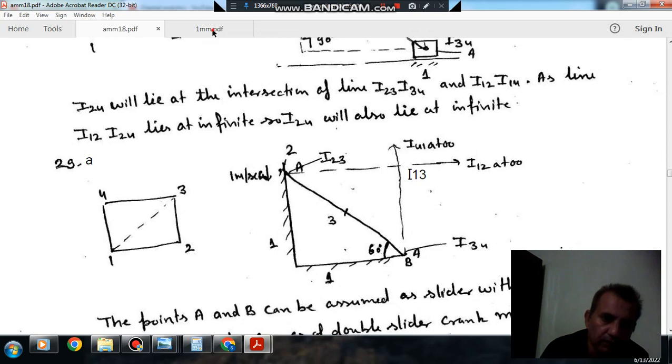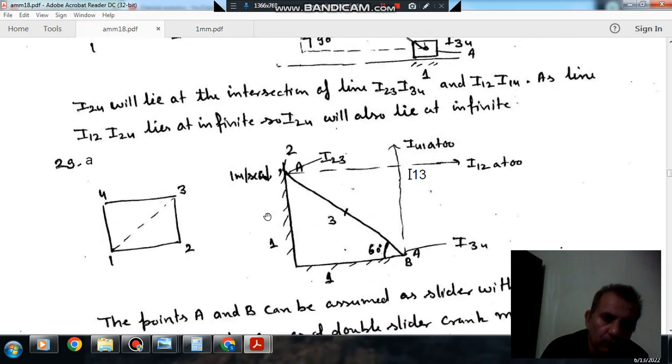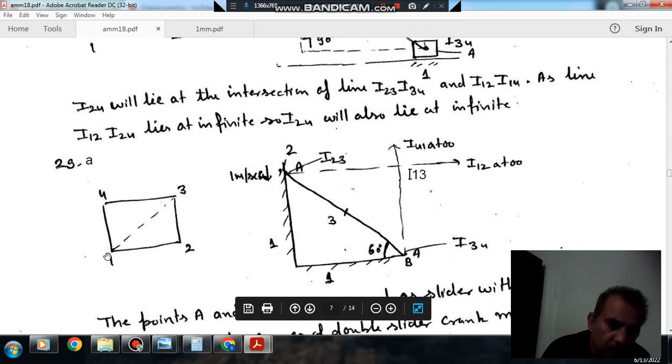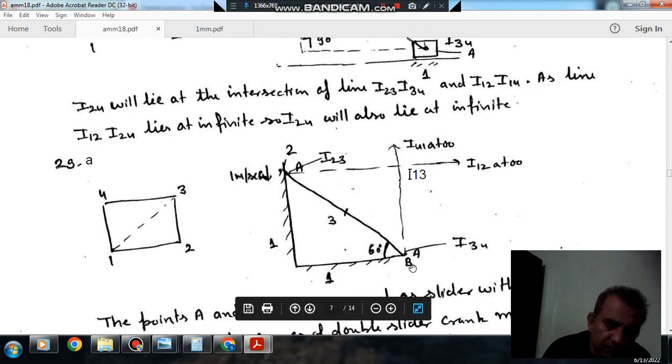So now we have to find out the angular velocity of the rod. Okay. I13 means that if link 1 is fixed, 3 is rotating about this point. I13 can be found by joining I14 and I34 with I12 and I23. I14 is at infinity, and I34 is this, so this will represent this line, and I32 and I21 will represent this line.